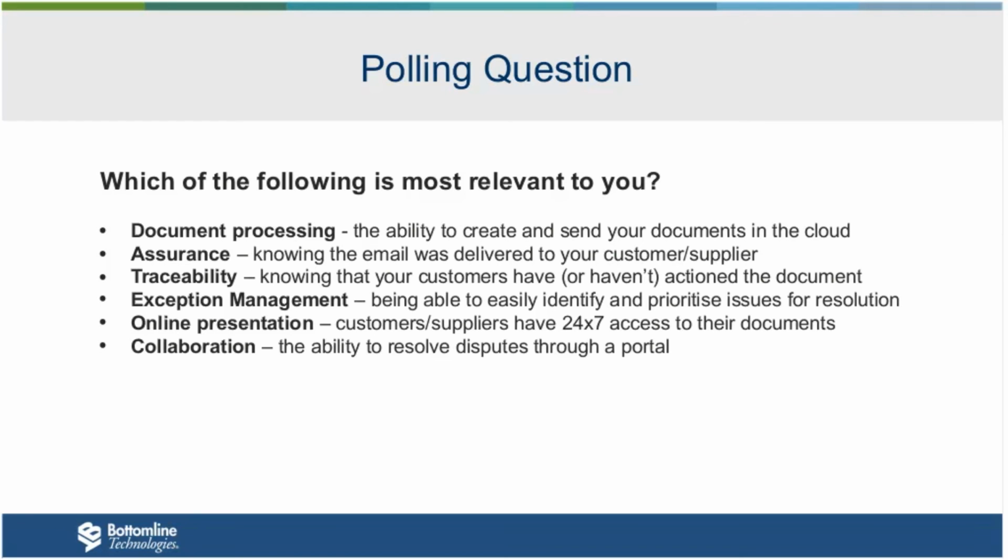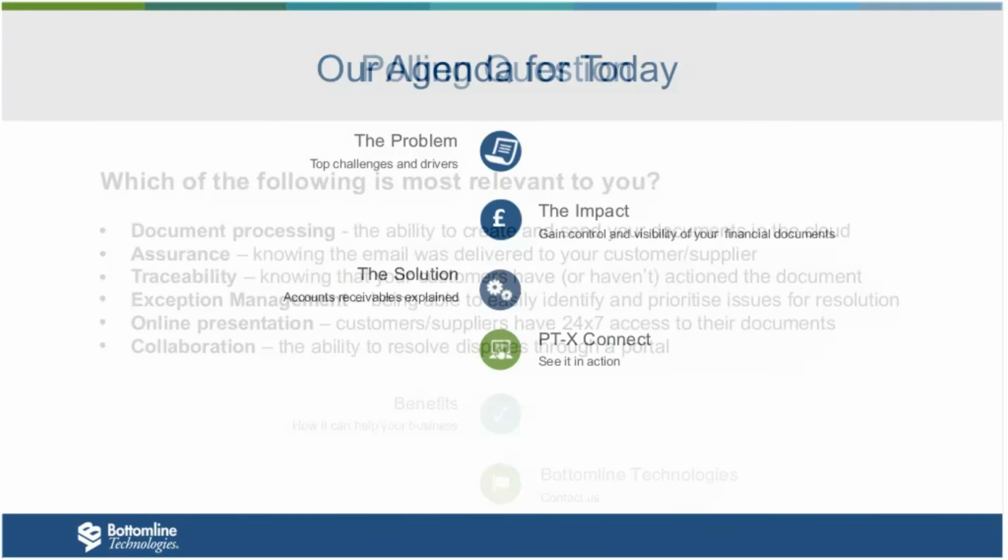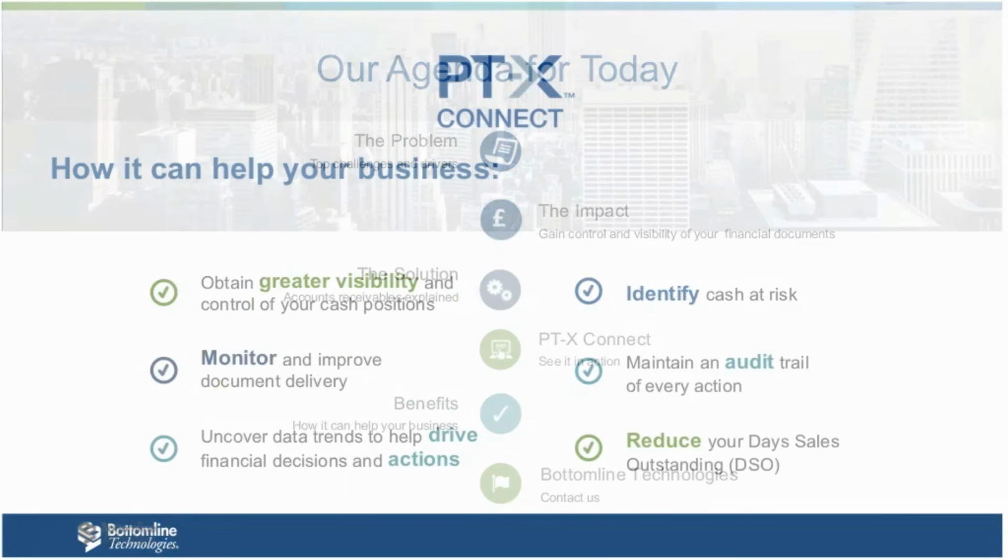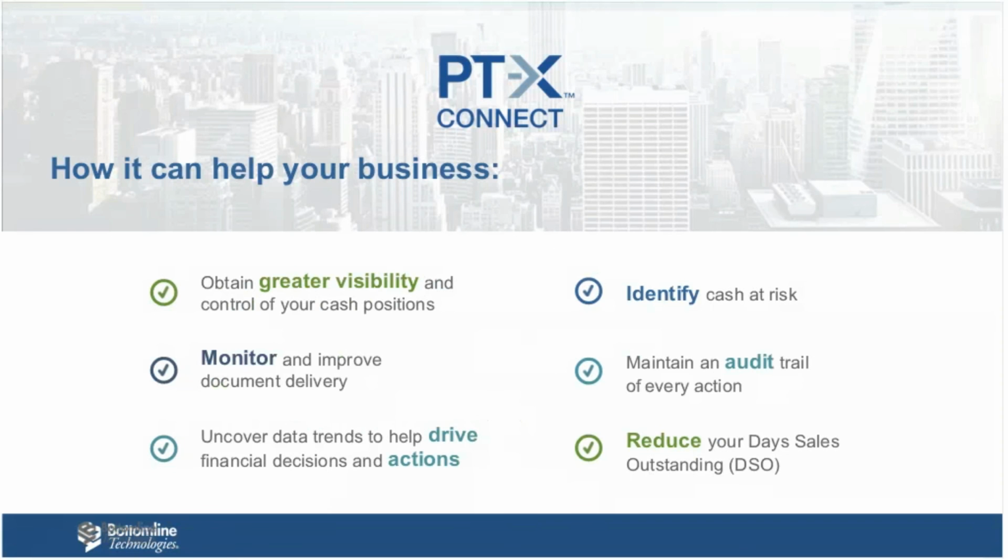So I'm going to move on now just to talk again about the types of benefits you can experience with PTX Connect. There's that visibility into your cash position and your documents, knowing what status they're at any one time. The ability to optimize your document delivery. So we use PTX Connect at Bottomline.